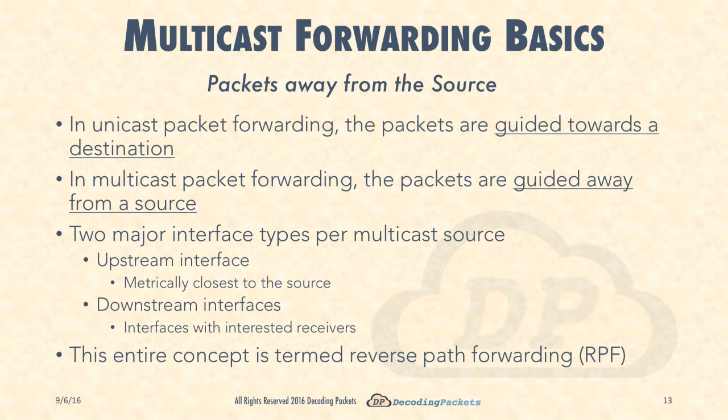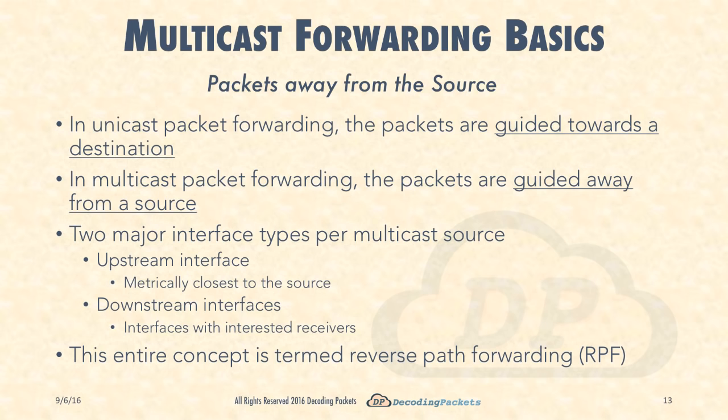So each packet has a destination IP imprinted on it, and that destination IP is basically looked up at every hop on every single router, and it is guided further towards that destination. So really the only source of interest in a unicast packet is the destination IP contained therein, and then the router essentially guides the packet further and further towards the destination.